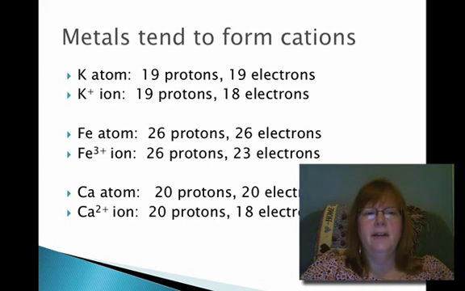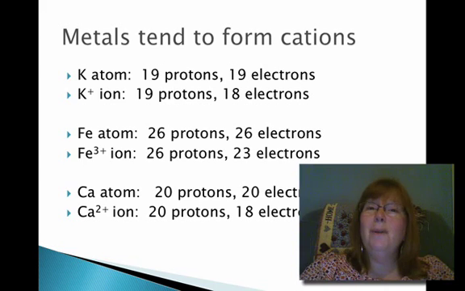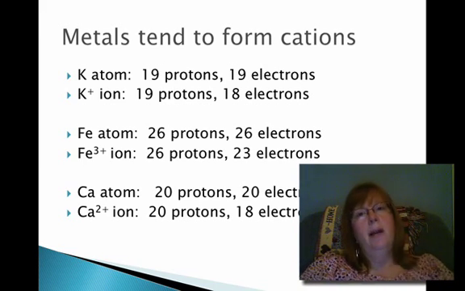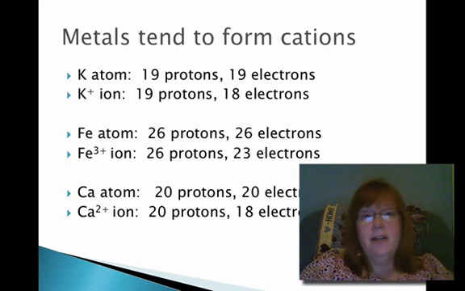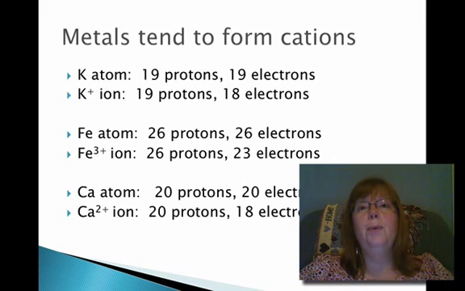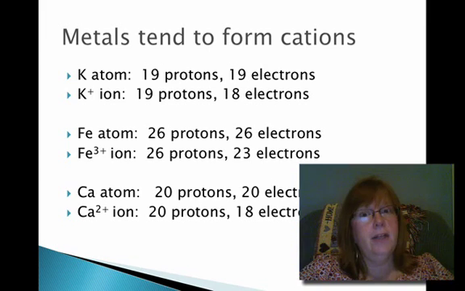Let's look at iron. The iron atom has 26 protons and 26 electrons, but it can form a cation with a +3 charge. Well, that means it still has 26 protons, but it lost 3 electrons. That's why it has a +3 charge.